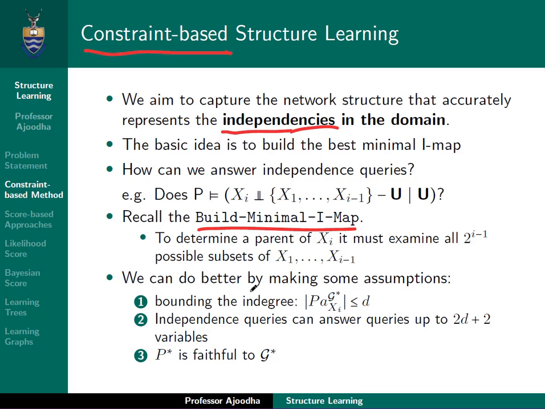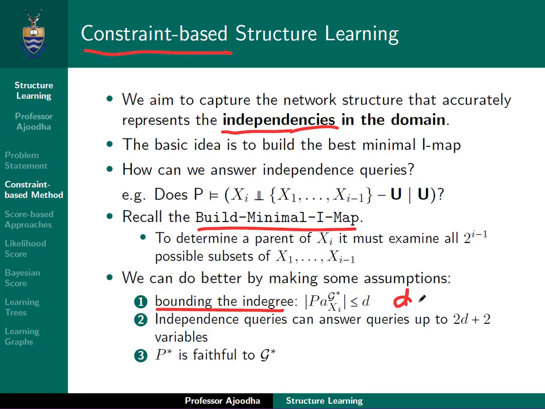The constraint-based structural learning algorithm can be made more efficient by bounding the in-degree. Before, when we were adding variables inside of the network for the build minimal IMAP algorithm, we didn't really care about the in-degree, but you can restrict the in-degree to be less than or equal to some variable d.